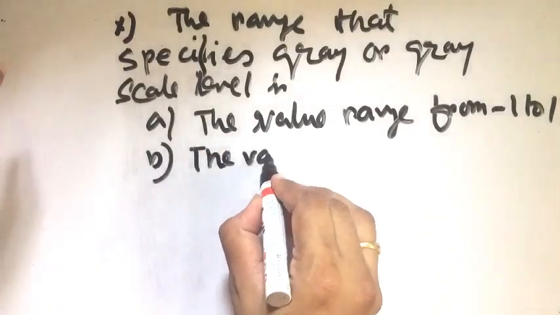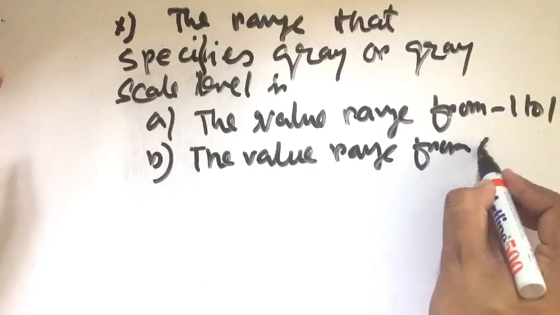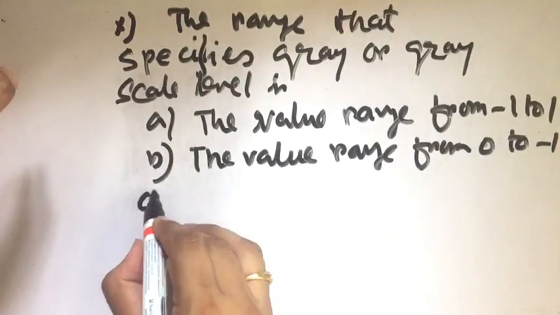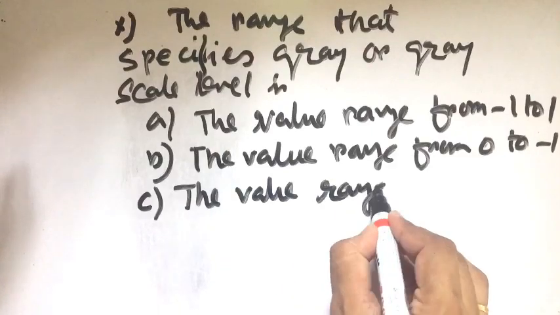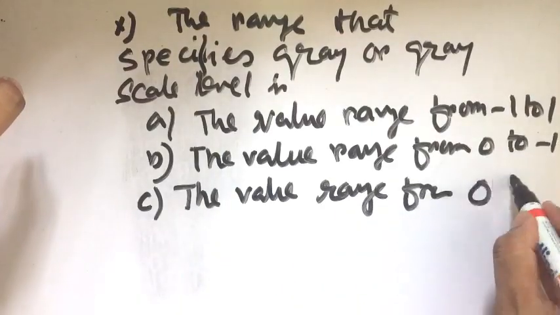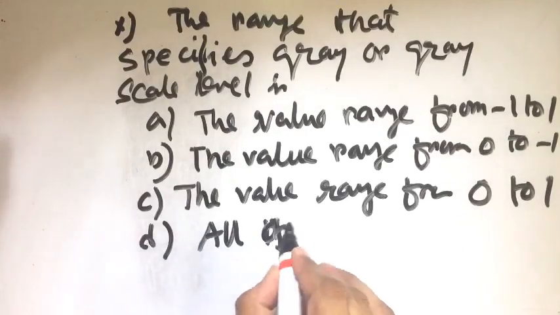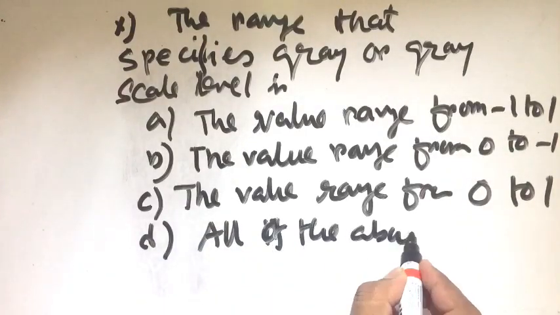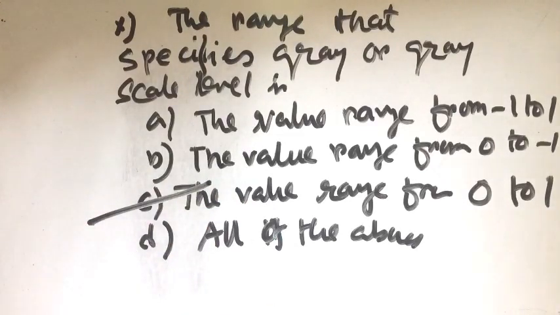Option B, the value range from 0 to -1. Option C, the value range from 0 to 1. Option D, all of the above. The answer is the value range from 0 to 1. So this is the range of grayscale level. Next question.